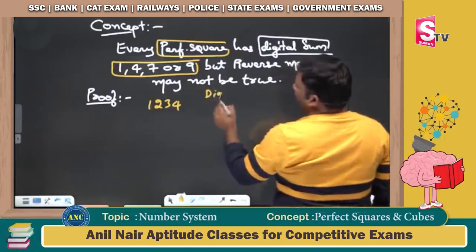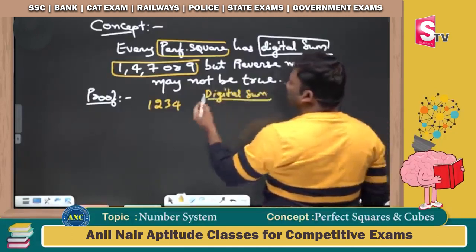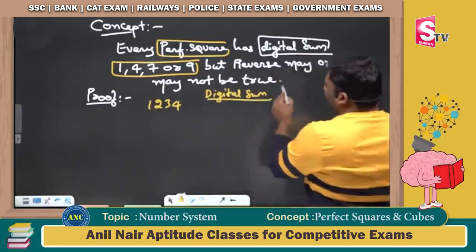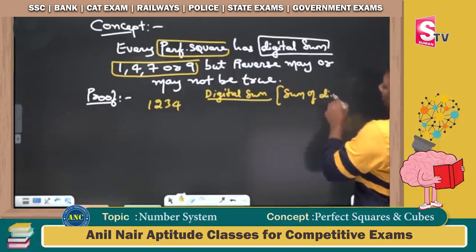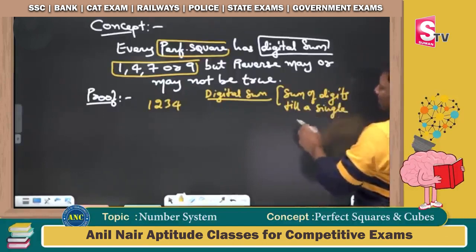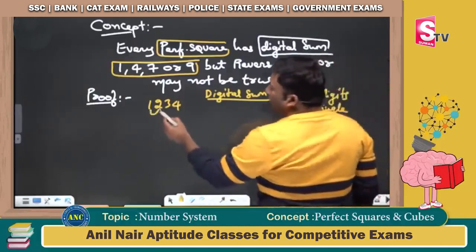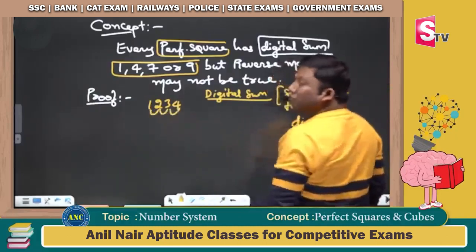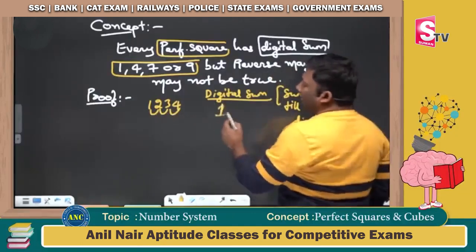Digital sum, digit sum, or digital root are all synonyms. Digital sum is defined as the sum of the digits till a single digit is obtained. 1 plus 2 is 3, 3 plus 3 is 6, 6 plus 4 is 10. 10 is a two-digit number, so 1 plus 0 is 1.